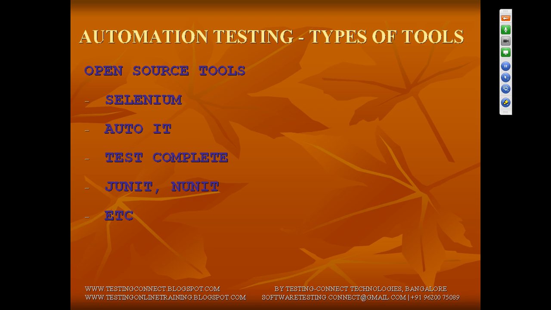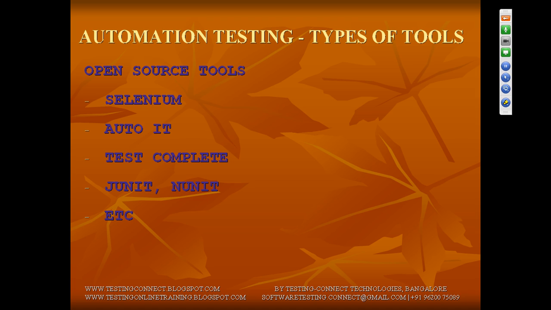Silk Test is 20 to 30%, RFT less than 5%, Selenium 10 to 20 to 30%, I can say. These days Selenium is spreading too much. So these are the different points you have to remember about the functionality test interface, performance test interface, and test management.